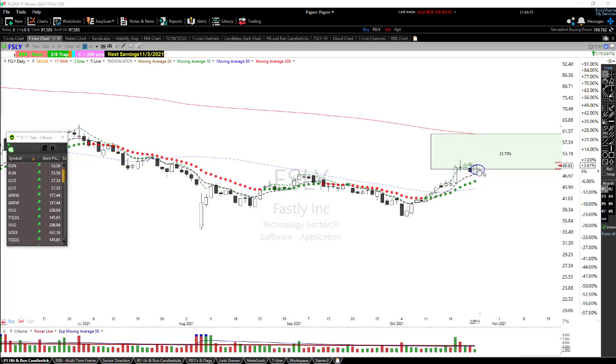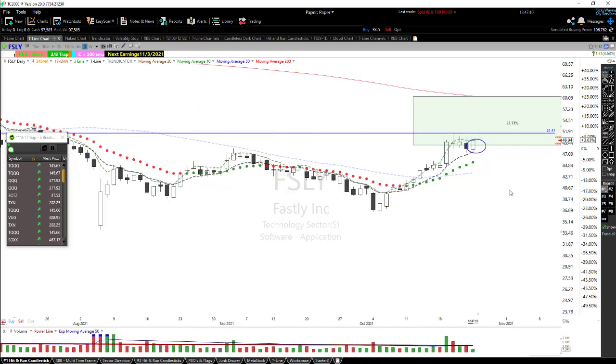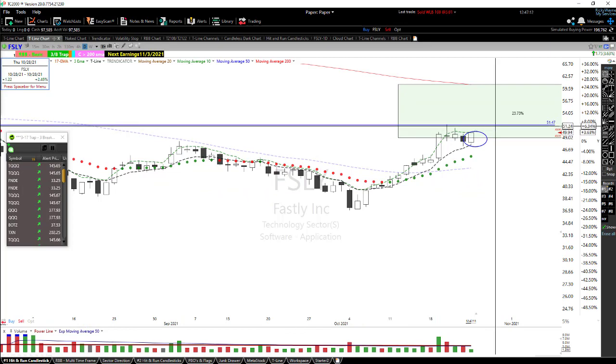All I need for this to do is move up before earnings and make money. Now, I don't know where it's going to move up to. Until it really breaks out, we're not going to make a lot of money. We'll call it 3%, which means 6, 7, 8% on options.